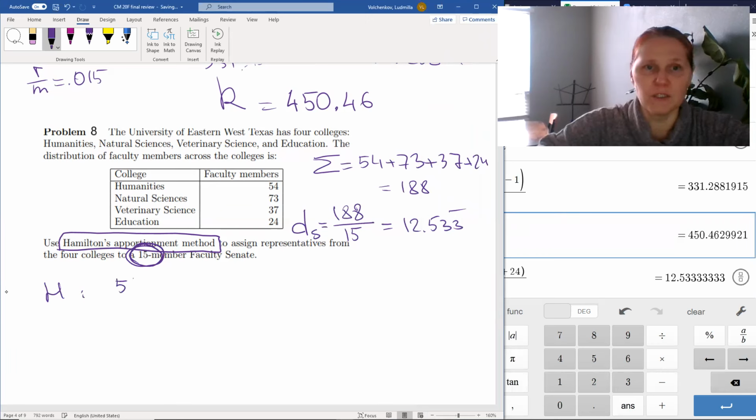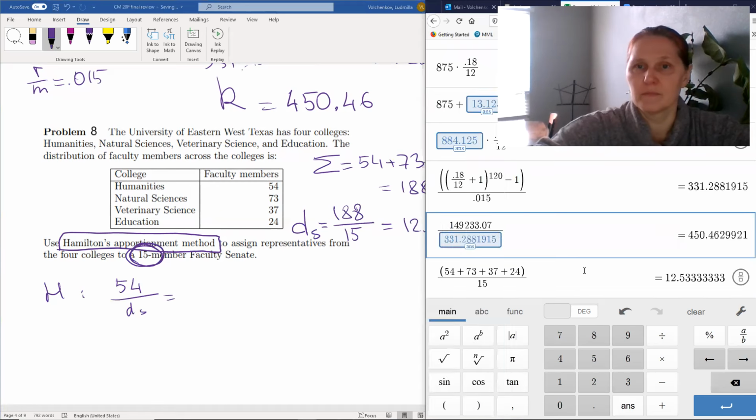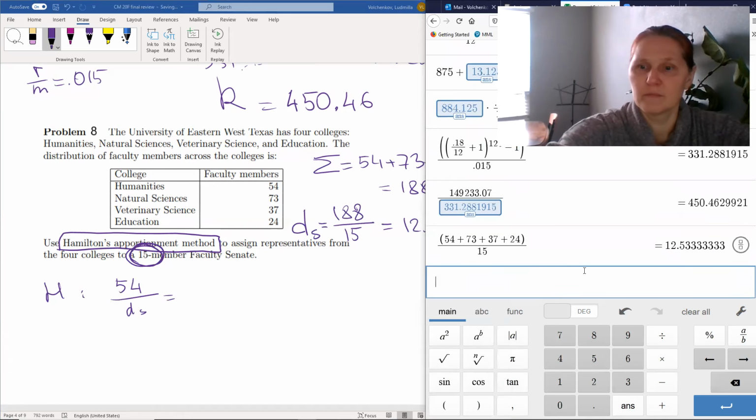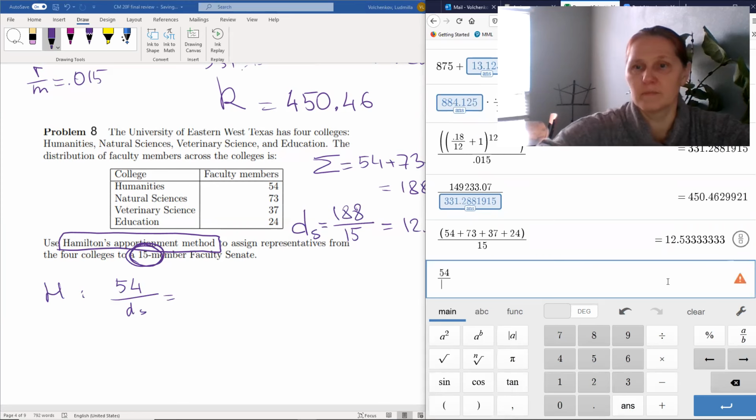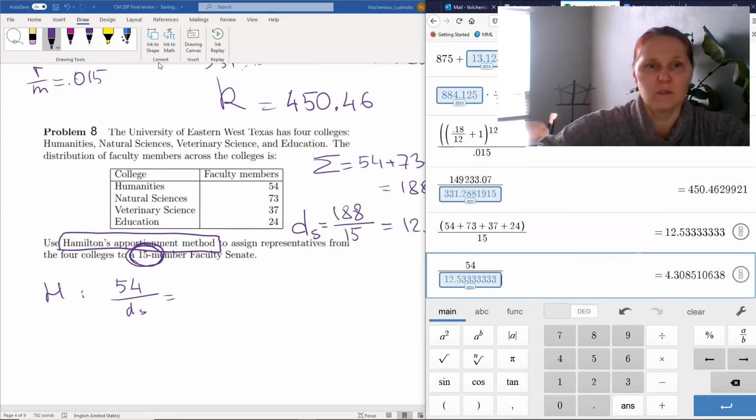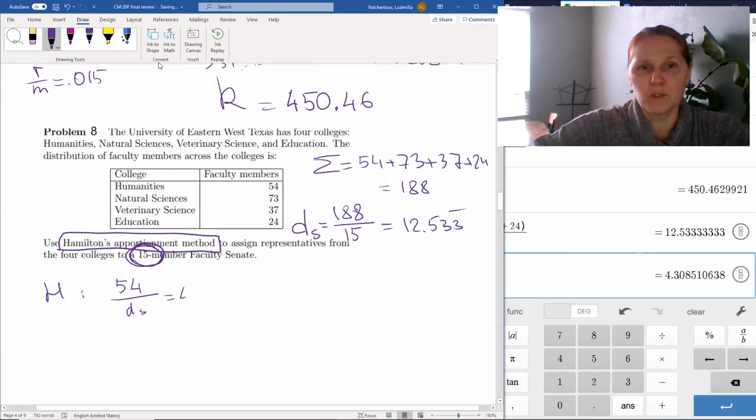For humanities, it is 54 by the standard divisor. So the standard quota for humanities is approximately 4.31. We usually don't need more than 2 digits after the point.